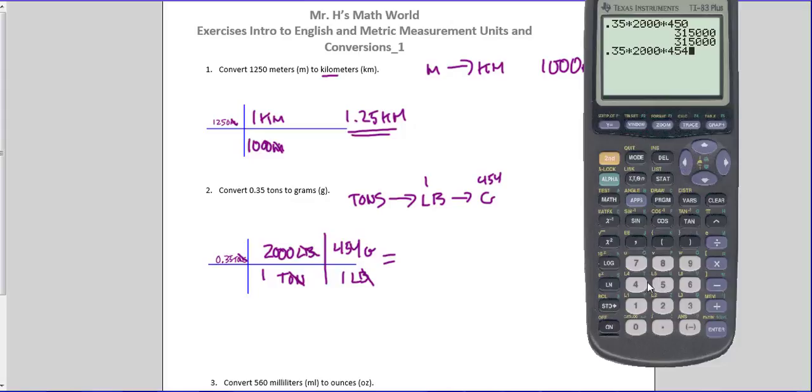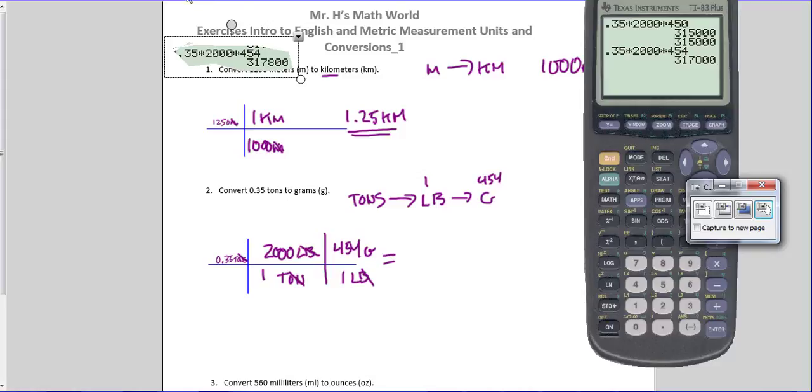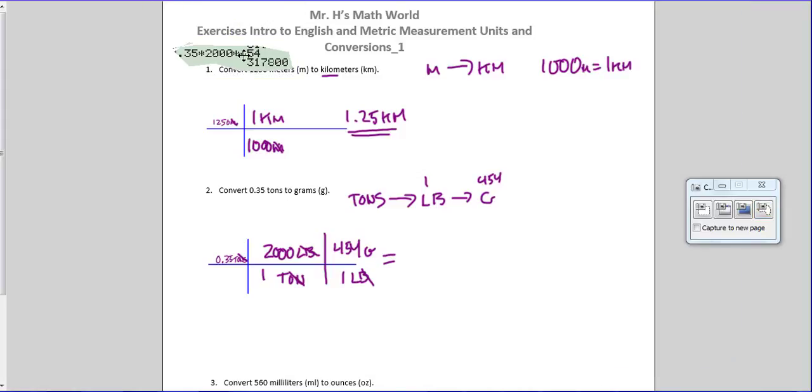So it should be 454. So it's 317,800. So my answer is in grams. I need to write my units. So it's 317,800 grams.